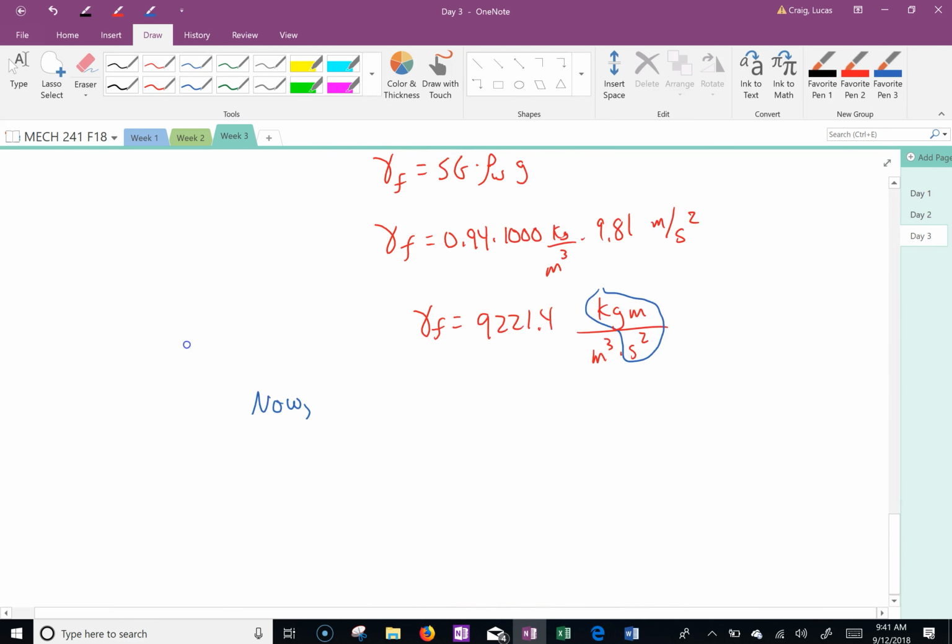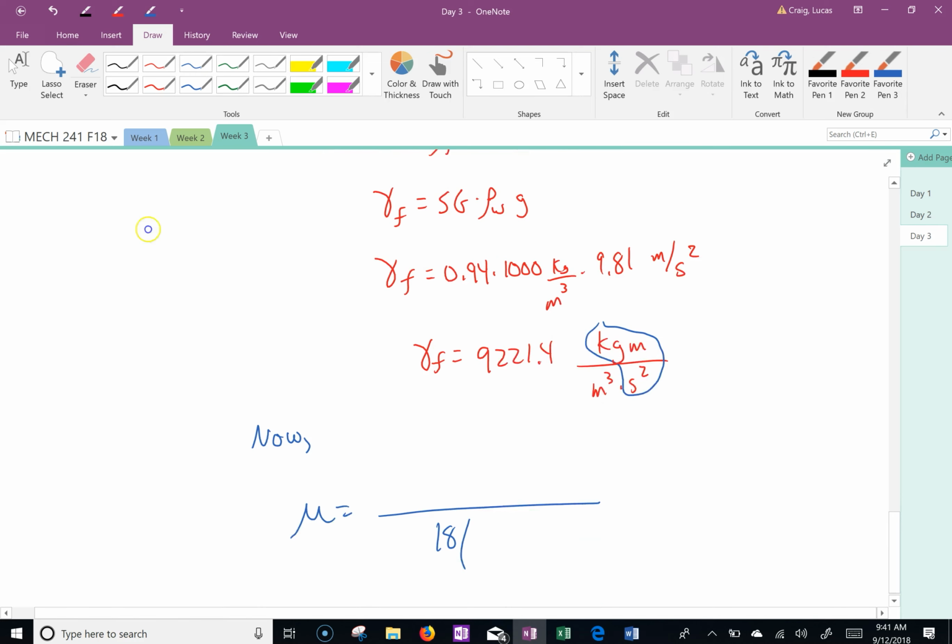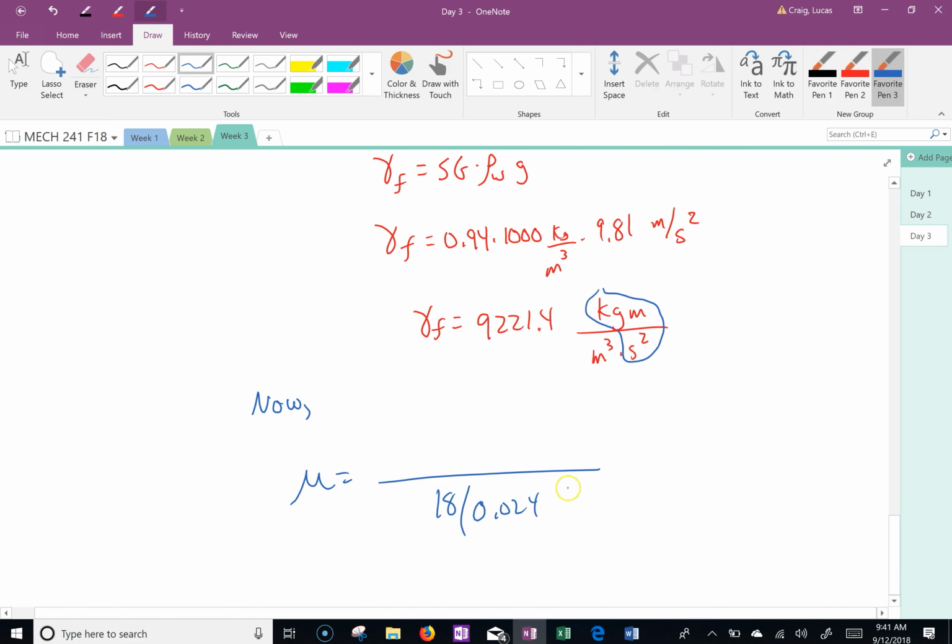All right, so mu becomes 18, what was our velocity? 0.024 meters per second. Up top was what first? Gamma of the ball, so 77,000 newton per meter cubed. Wow, that was not very good units.